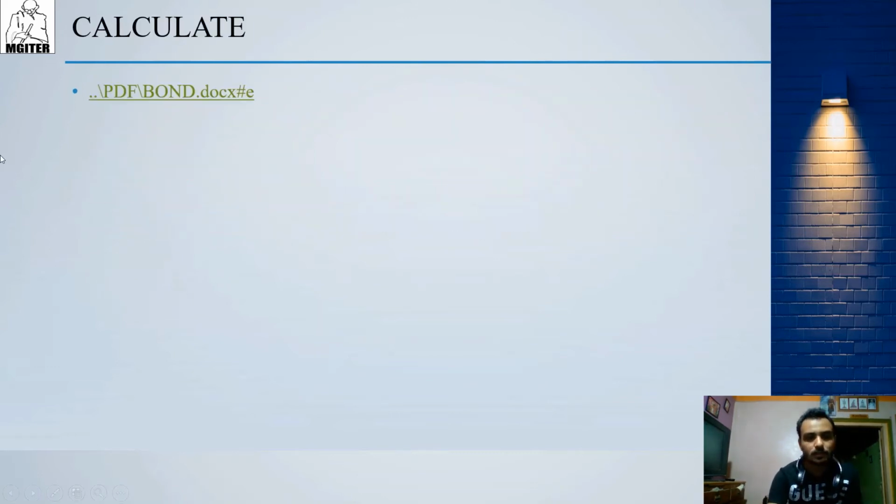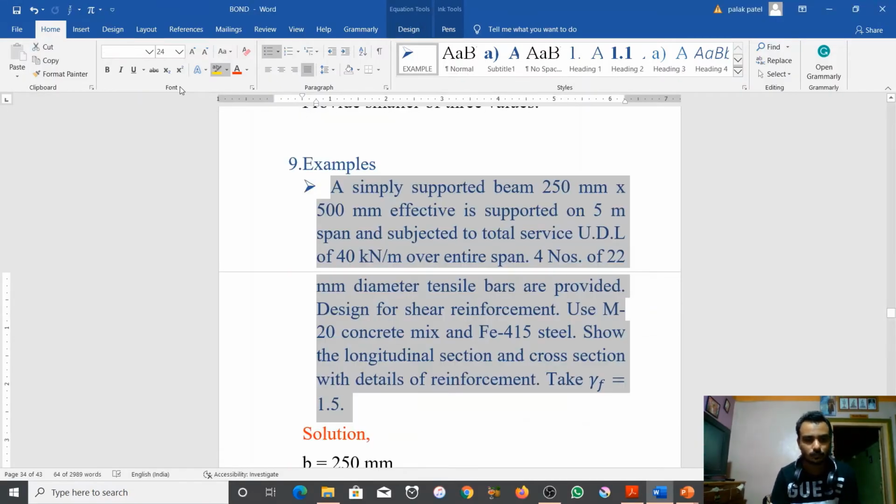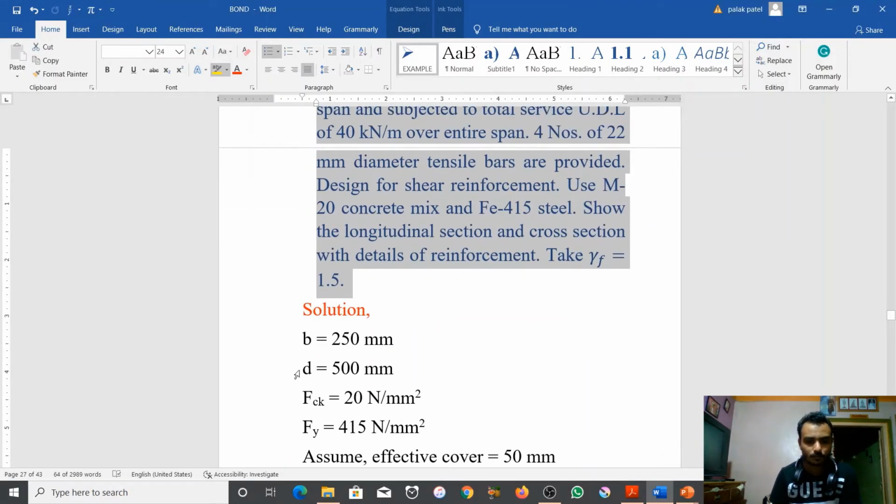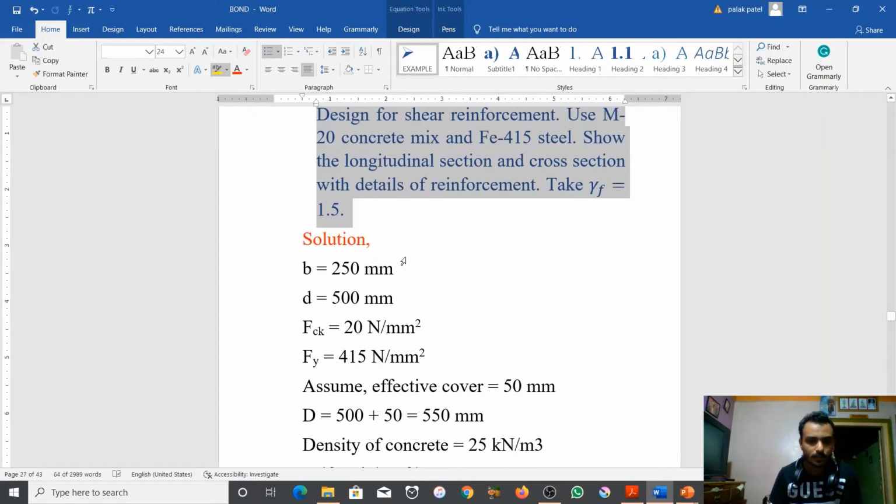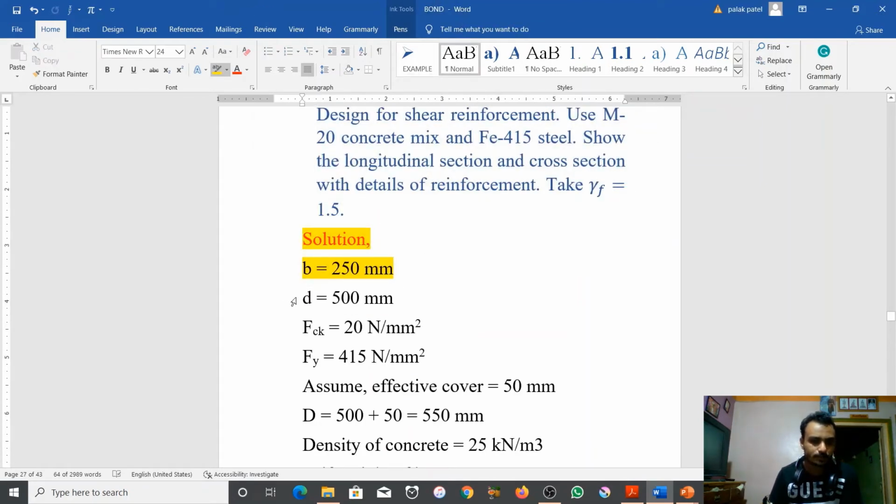So let's start to calculate the example. Width of beam is 250, depth is 500, fck 20 Newton per mm square, fy 415 Newton per mm square.